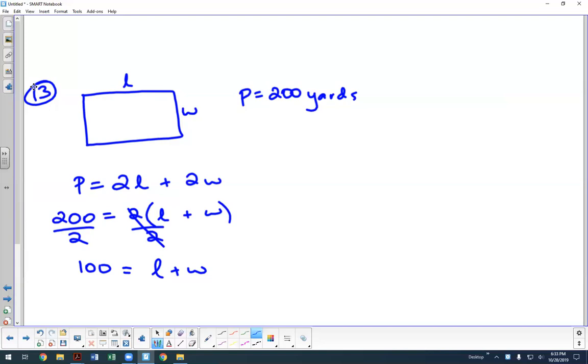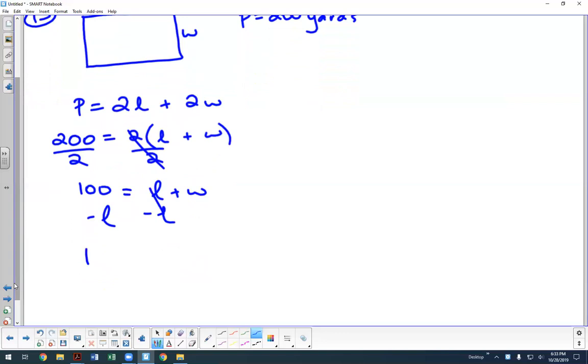Length or the width? Which one do you prefer? Give me a variable, Trevor. The length. Okay. So let's subtract the length, which will end up giving us 100 minus L equals W, and we'll come back to him in a minute.